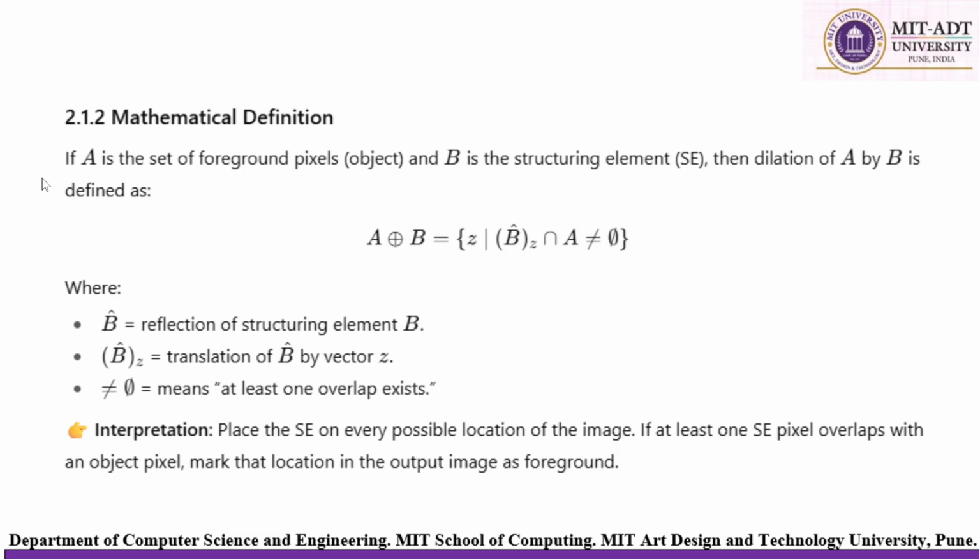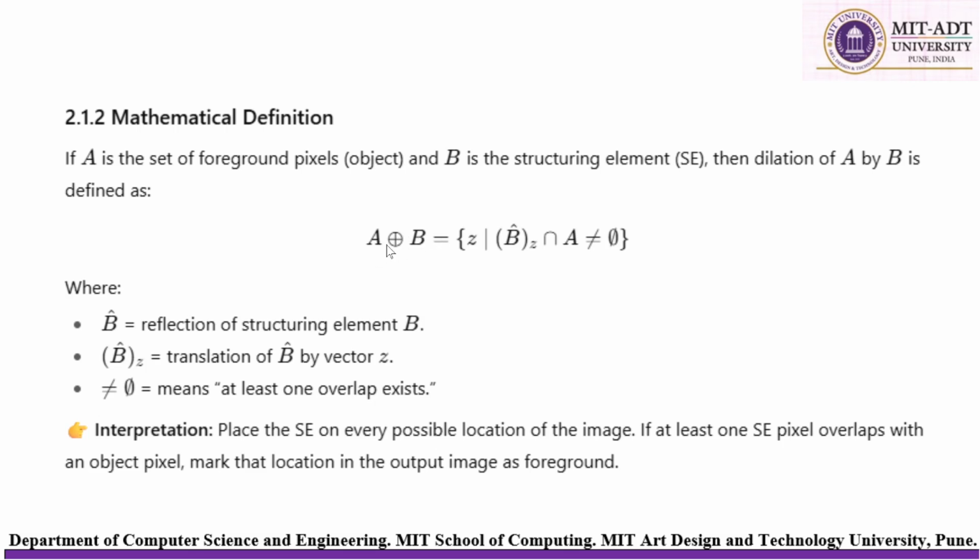The mathematical definition of dilation: we have a certain set A, which is a set of foreground pixels denoting the objects, and B is the structuring element. Then the dilation of A by B is defined as A ⊕ B, where this symbol denotes the dilation operation.